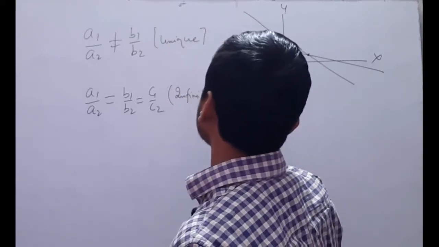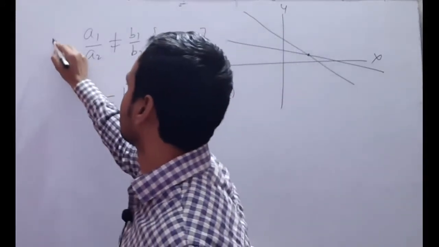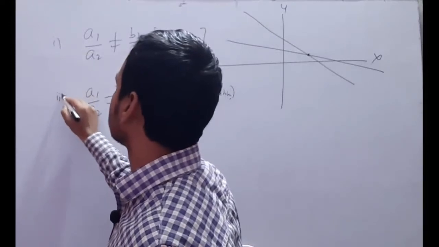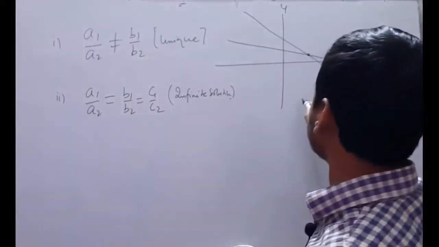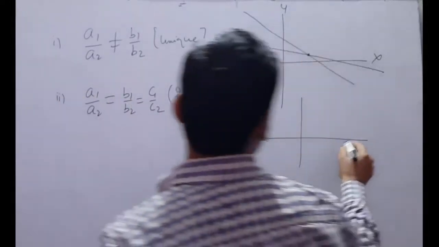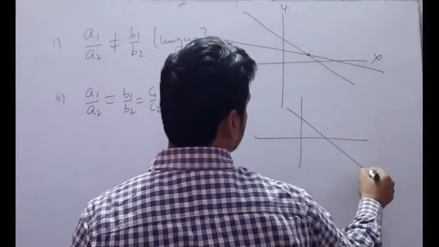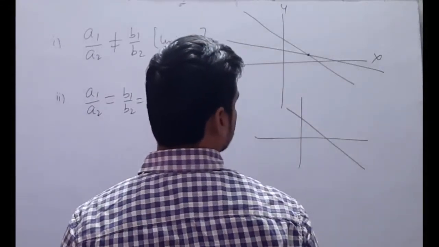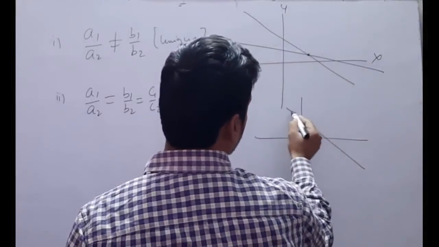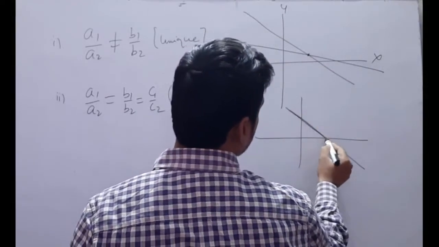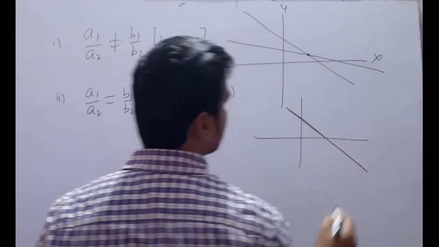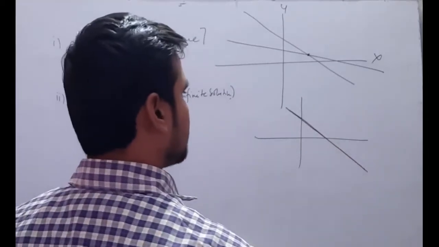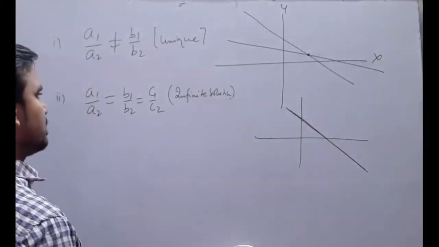So the graph for this second condition will be like this. The first graph for the first equation, and for the second equation again the graph will coincide on the same graph. So in this way we will draw the graph for the second condition.